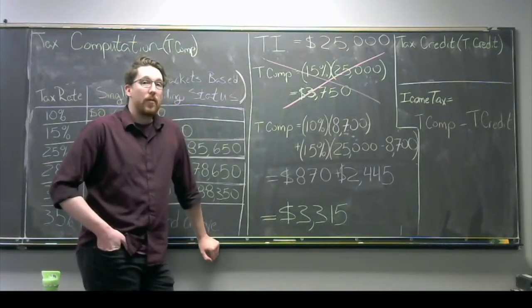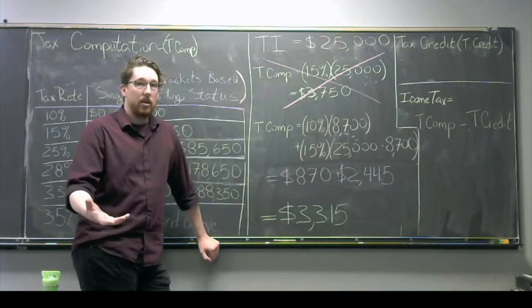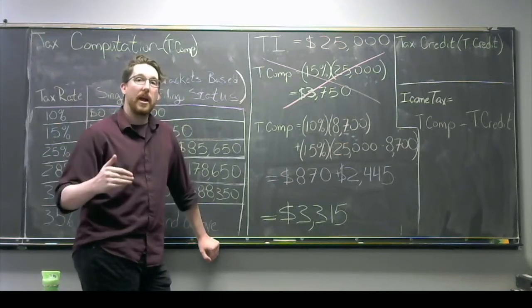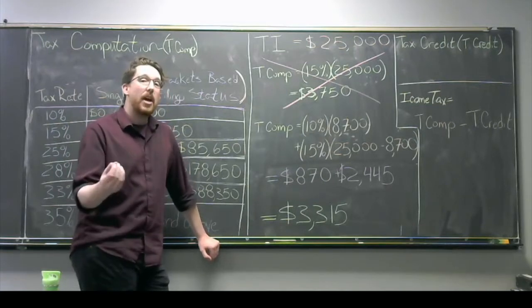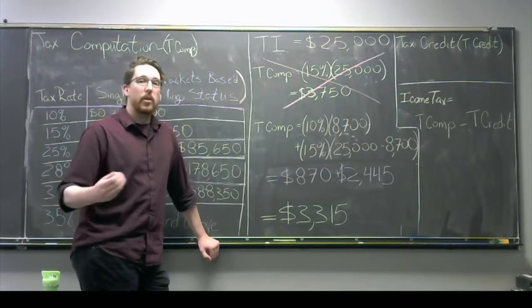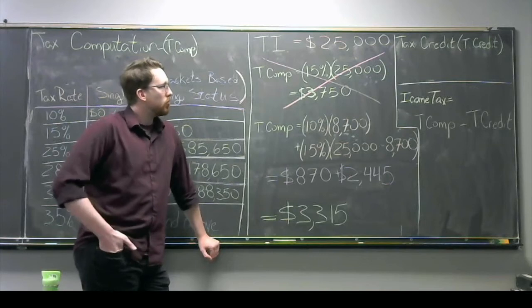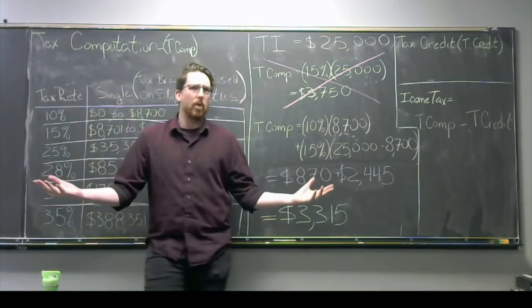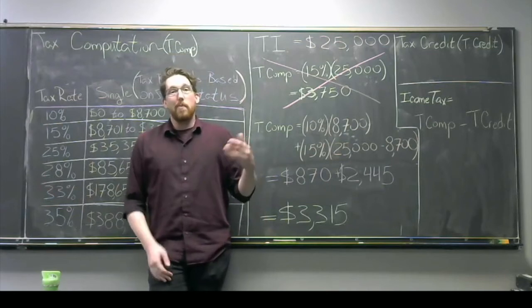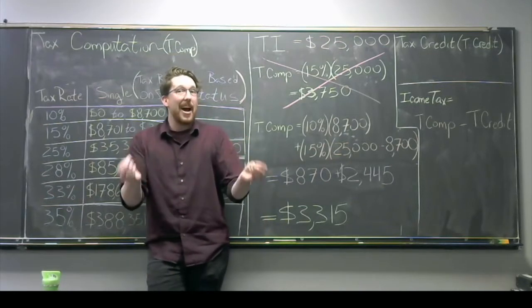Finally, if you want to know what the income tax would be, then you have to subtract any tax credit you may have. And that'll be the final amount. That's what your income taxes are. All right, so what's a tax credit? Well, by definition, it's quite literally an entitlement.